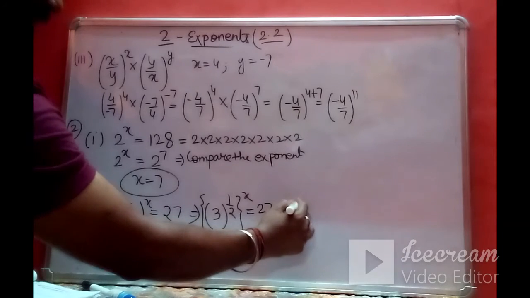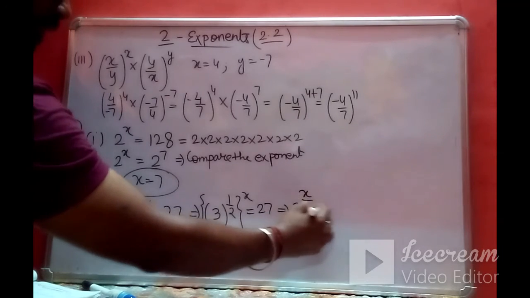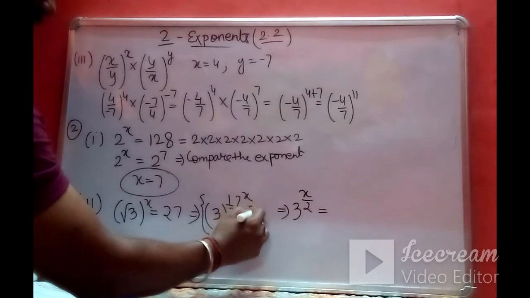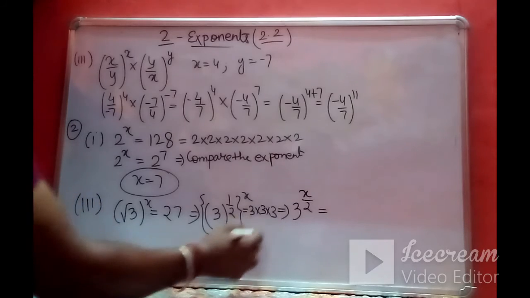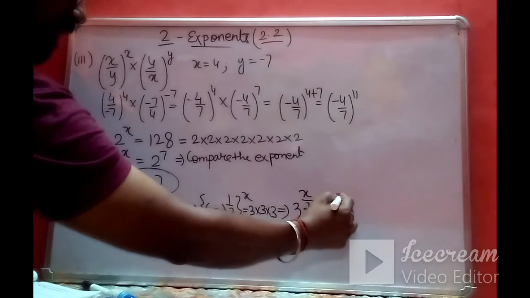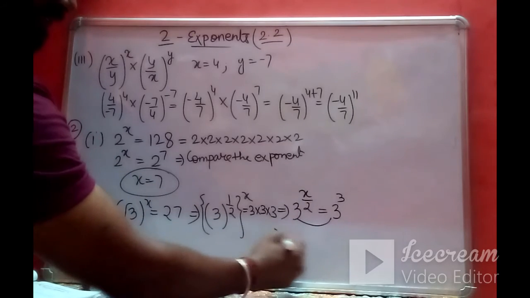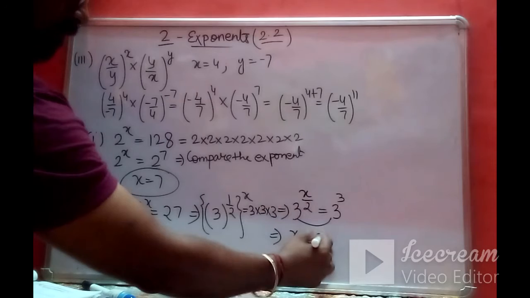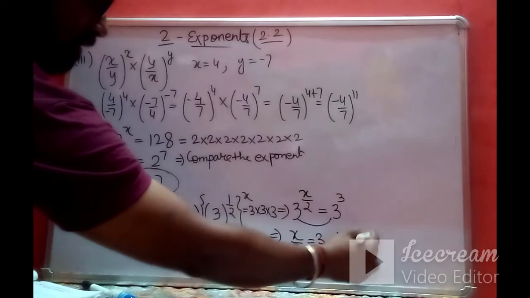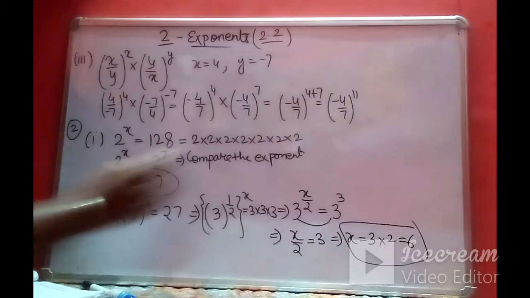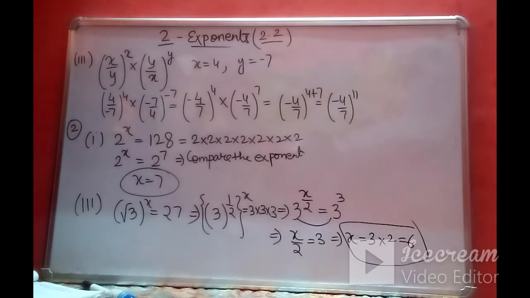So now powers will multiply with each other, x upon 2, and this 27 we can write as 3 into 3 into 3. This we already knew. So it is 3 to the power 3. Now again their bases are same. So we can say that x upon 2 equal to 3. So what is our x? 3 into 2, that is 6. So like this we can solve the exponential equations.